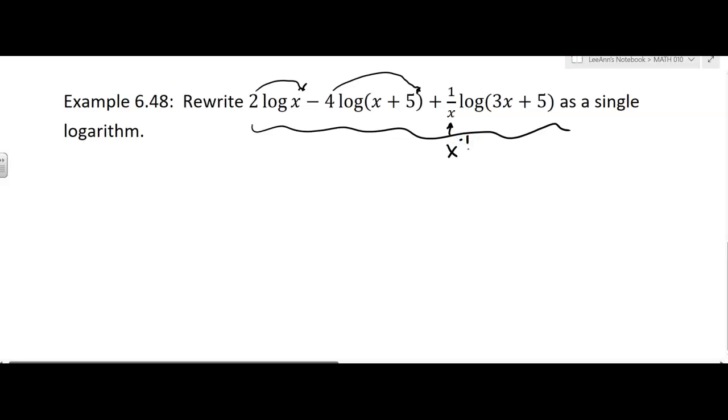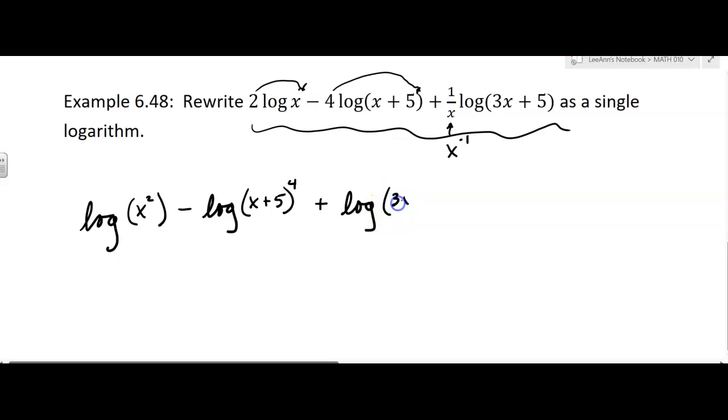Okay? So now I have log, and these are all common logs, x squared minus log x plus 5 to the 4th power, and then it's going to be plus log 3x plus 5 to the negative, or sorry, to the x minus 1.